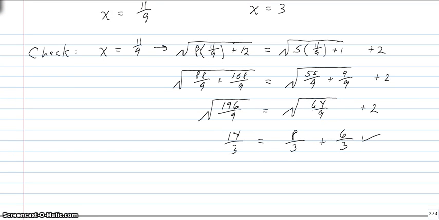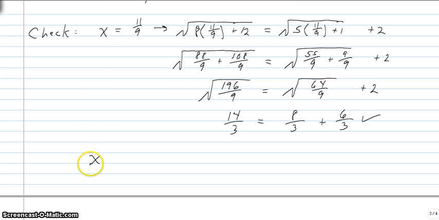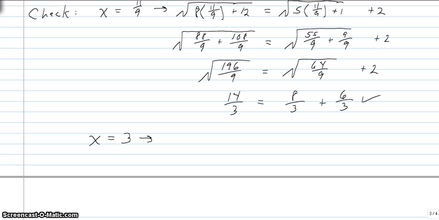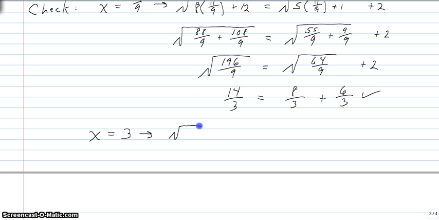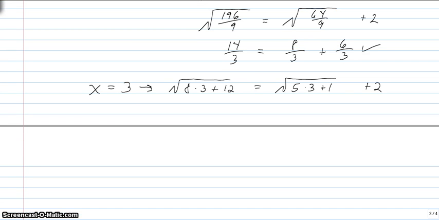And then of course we need to check x equals 3 as well. So plugging that back into the original for x, this gives us 24 plus 12, which is square root of 36.